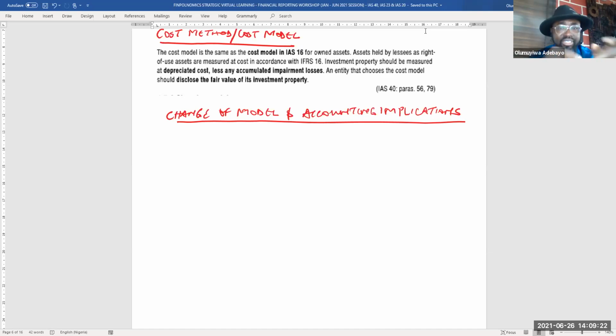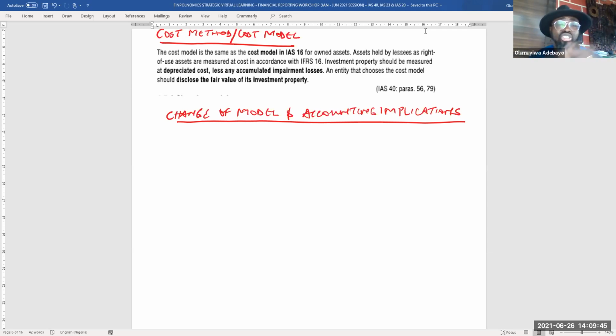If there's no evidence to demonstrate that the reason why you are changing the model is to enhance the reliability and the relevance of the information contained in the financial report as regards investment property, such change will not be permitted.